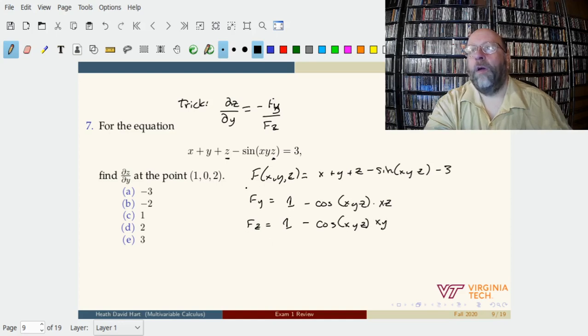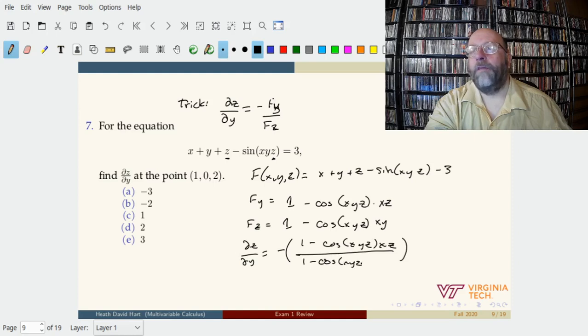And so the partial derivative that we want, dz dy, is the negative of 1 minus cosine of xyz times xz over 1 minus the cosine of xyz times xy.